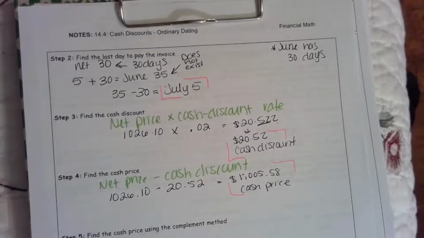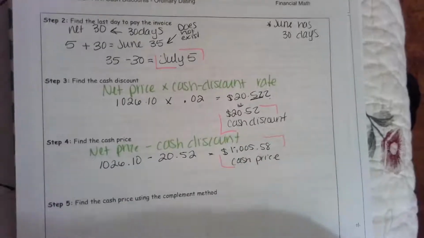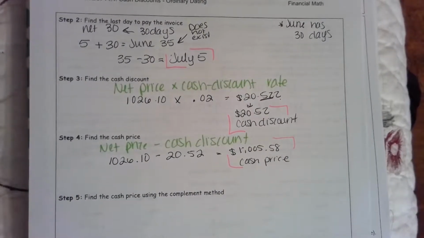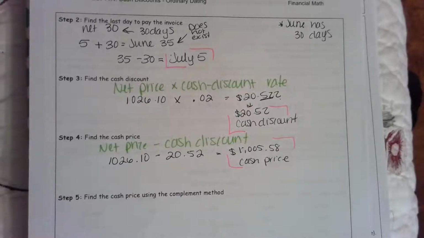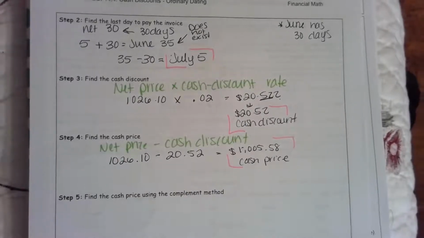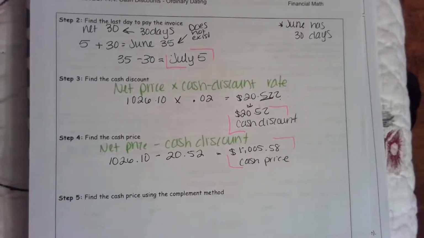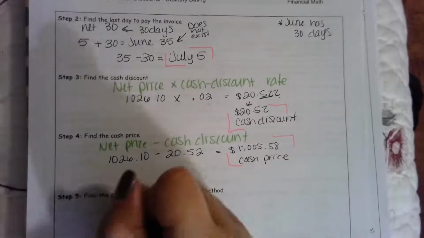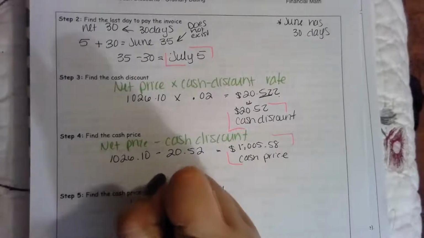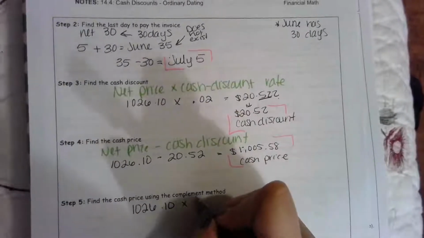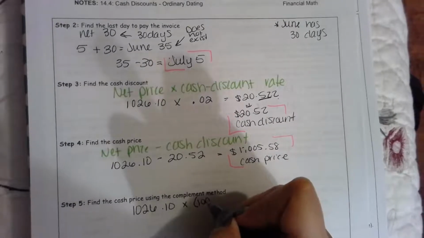And some companies might actually give you a higher discount rate than 2%. Alright, so maybe the other method to do this is using the complement method. And it's just the net price times the complement of the cash discount. So that would be net price is $1,026.10. The complement of that would be 100 minus 2%.